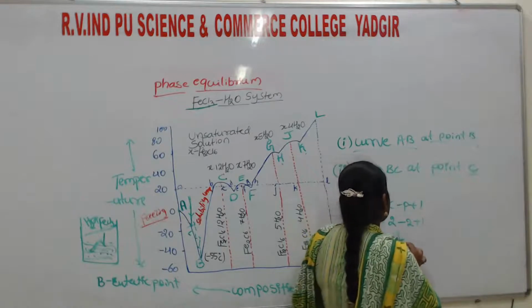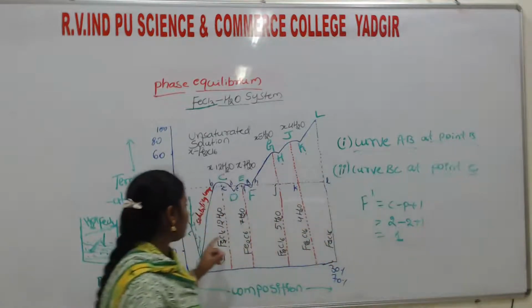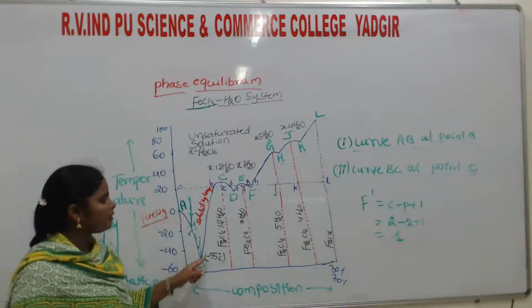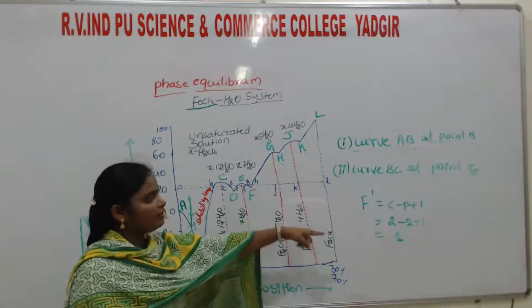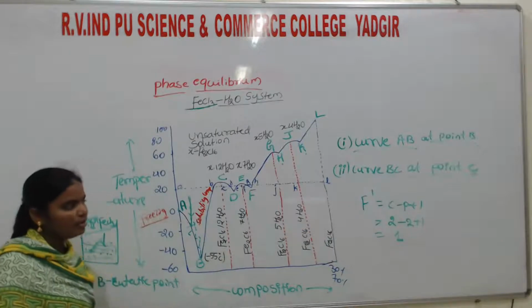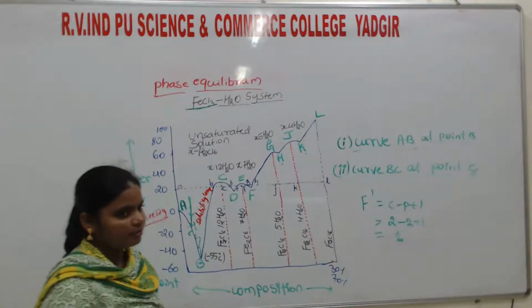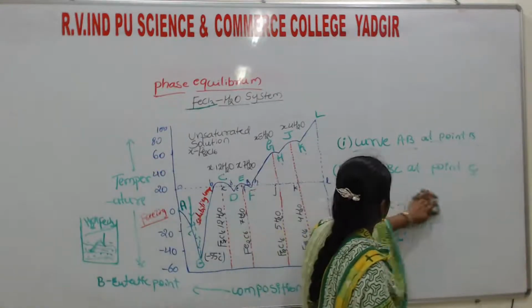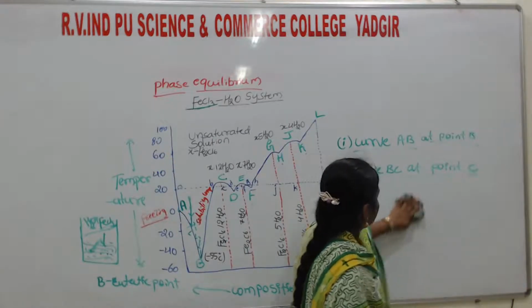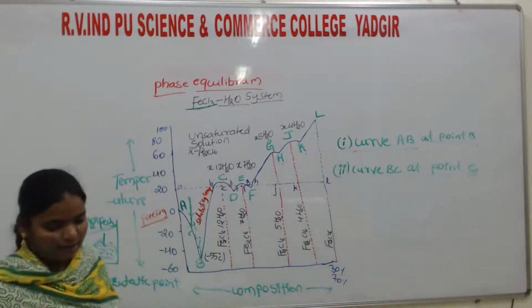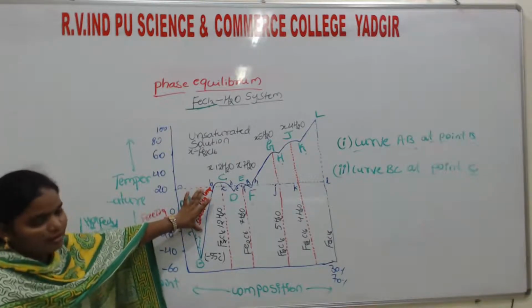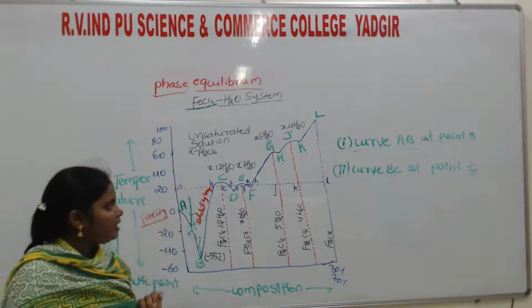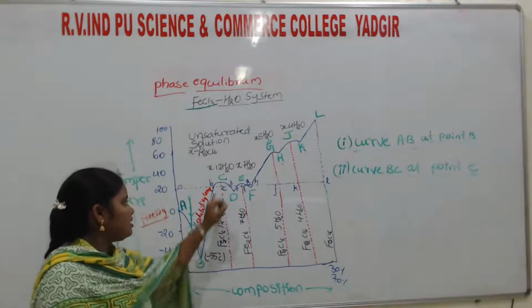The curve is univariate. All the curves here, AB curve, BC curve, CD curve, DE curve, EF curve, are all univariate. Here the system is univariate in nature. This curve indicates the solubility curve, this BC curve.